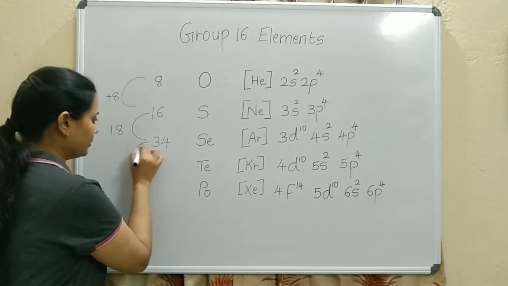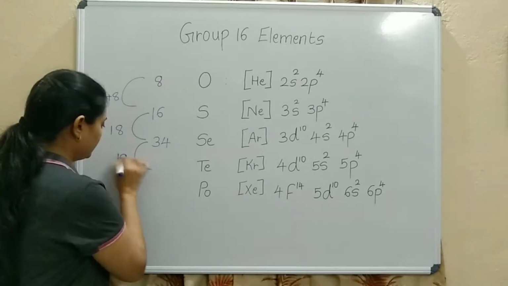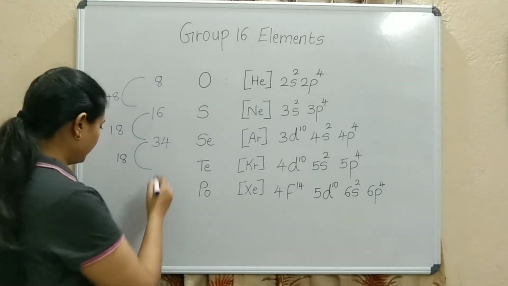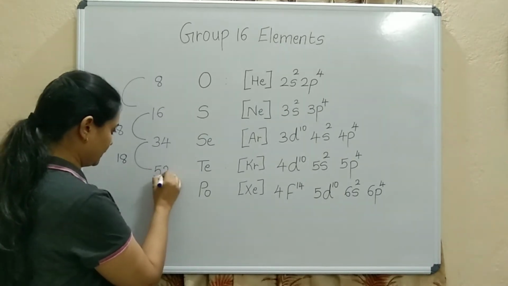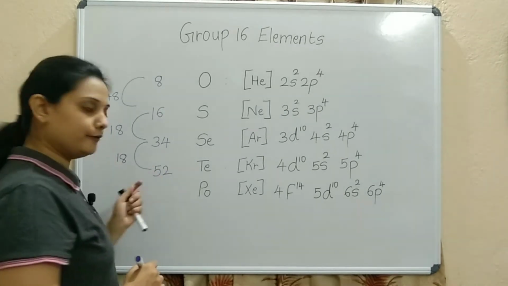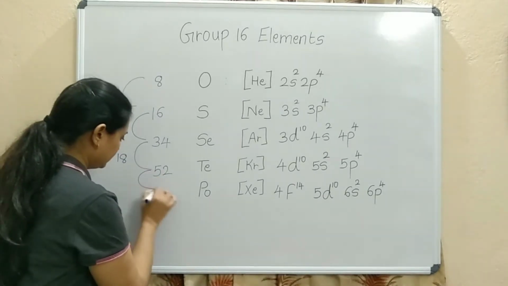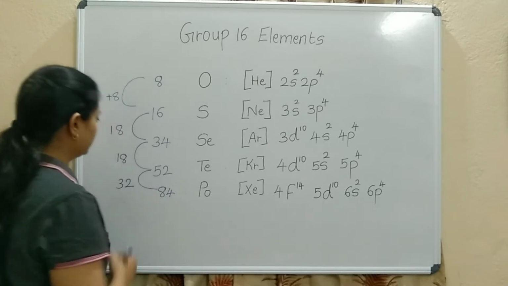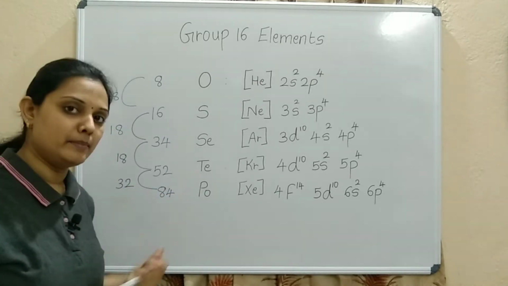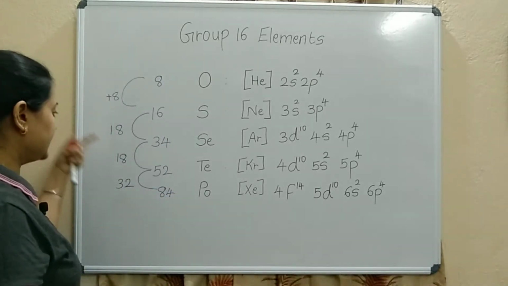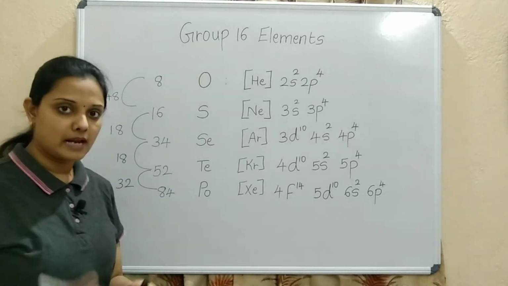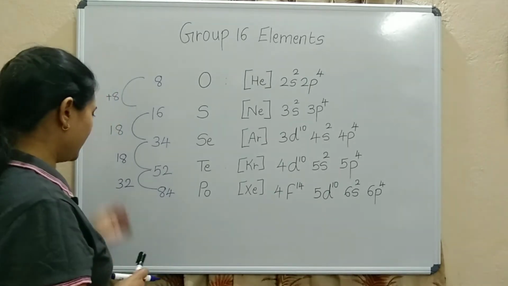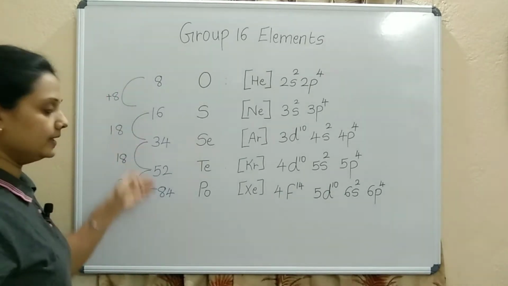Again to 34 you add 18, it becomes 52, and to 52 if you add 32, it becomes 84. Hope you remember the K, L, M, N shells we were studying, where 8, 18, 18, 32 electrons can be accommodated. Based on that only you can write the atomic numbers.